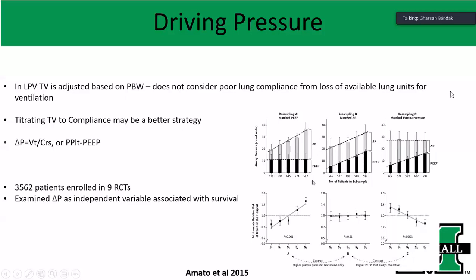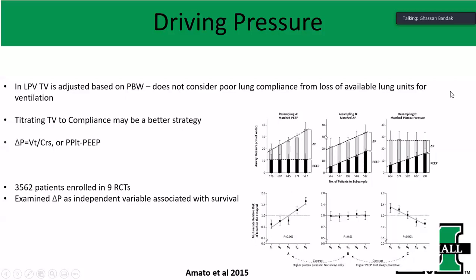If groups of patients are getting the same PEEP, if their driving pressure goes higher, the mortality goes higher. The lower part of the curves show the relative risk of death in the hospital, and the upper is the airway pressures, okay? So as the driving pressure, which is in gray, increased, the mortality increased.